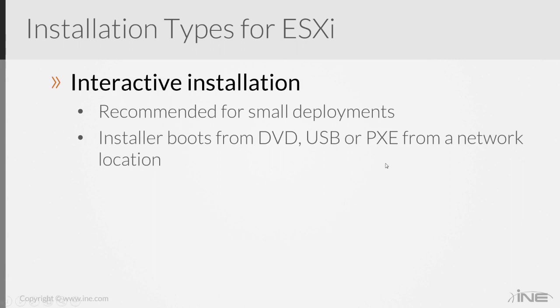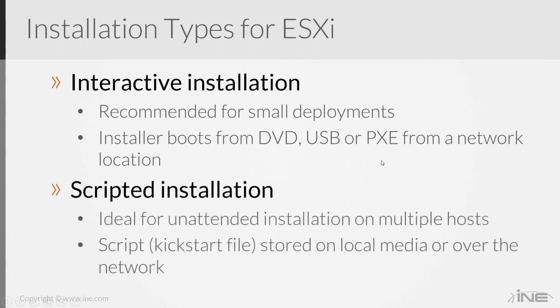Let's talk a bit about our second installation method. So this is the scripted or unattended installation method. This method of installation speeds up the installation process, as well as it provides a consistent installation and basic configuration for our ESXi host.